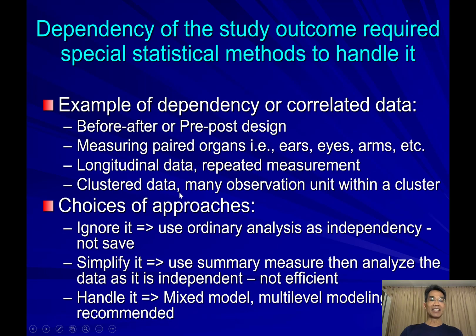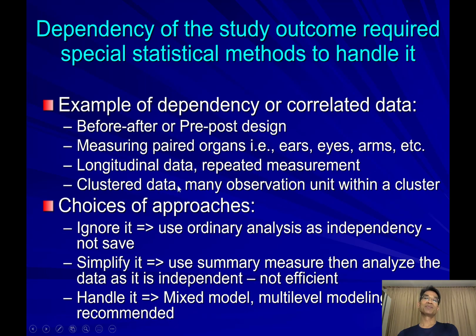Cluster data: even though they are different observations, they are clustered on something. For example, curing, where the outcome is cure or not cure, curing of asthma depends on the medical doctor, on the physician.